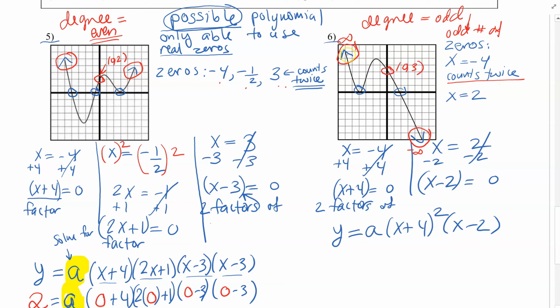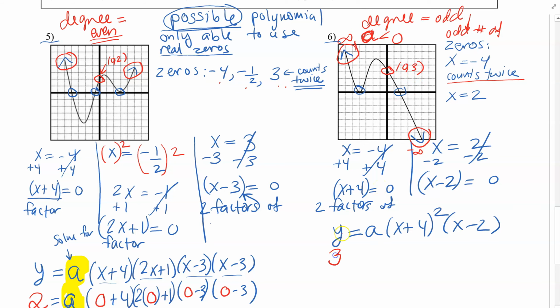But also, it's flip-flopped from a typical odd degree function. Typically odd degree functions go up on the right and down on the left. But this is flip-flopped, which tells me that my a value, my leading coefficient, must be less than 0. It must be negative. So let's keep an eye out for that as I'm solving for it. I should end up with an a value that's less than 0.